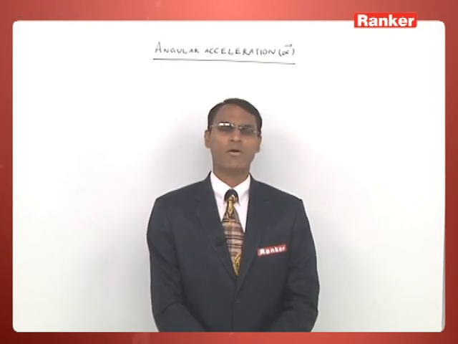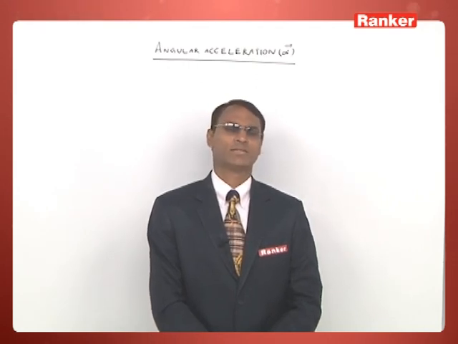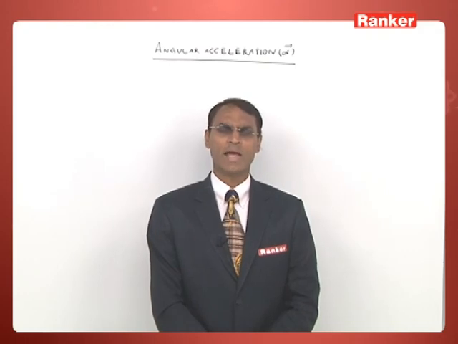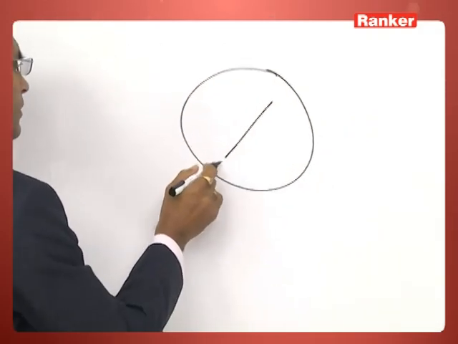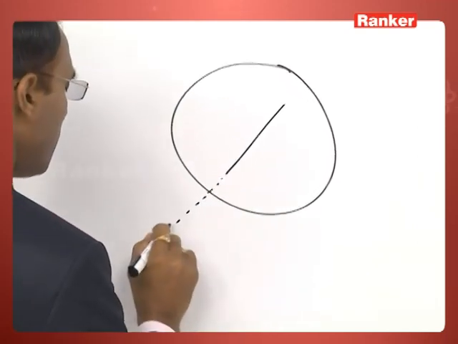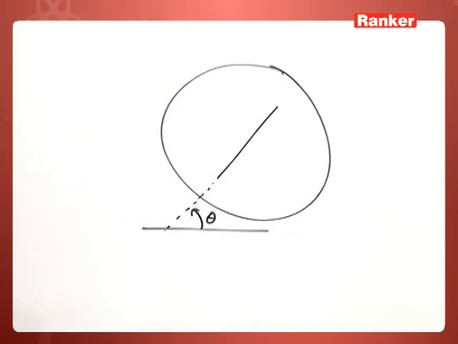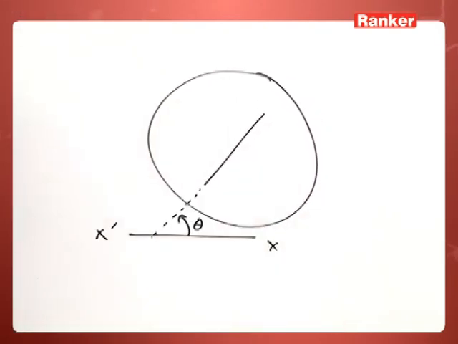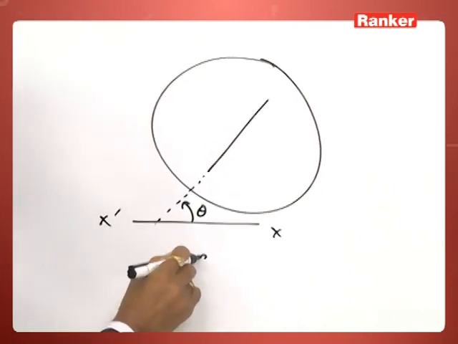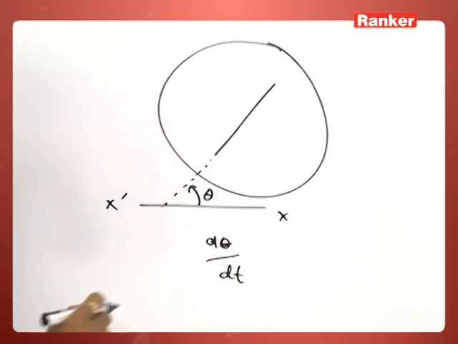When you draw a straight line inside the object on the plate, that straight line makes an angle, say theta, with respect to the fixed line, x dash and x. When this theta changes, we can say that the body is rotating.